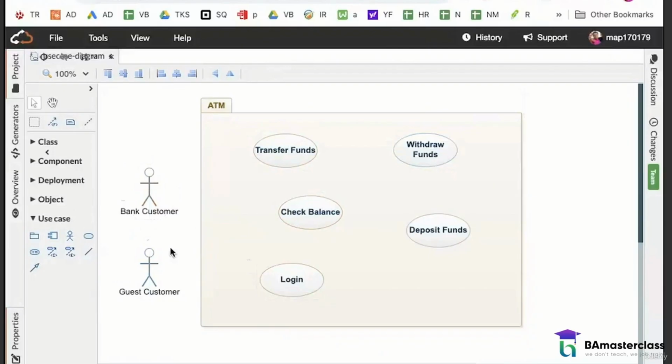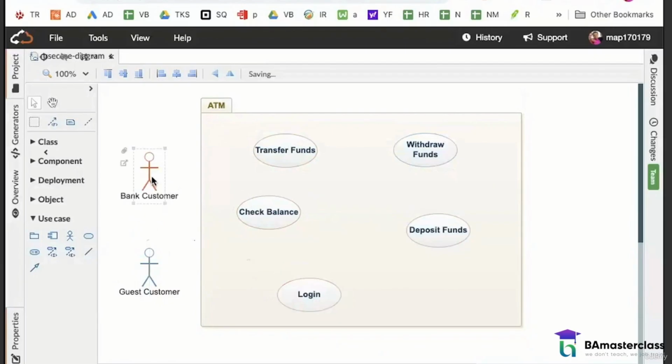What is the difference between a bank customer and a guest customer? A bank customer already has an account and belongs to that bank. A guest customer belongs to some other bank. Let's say you are a customer of Bank of America and you are accessing the ATM of Bank of America. You are a bank customer. If you have an account with TD Bank and you are accessing the ATM of Bank of America, you are a guest customer.